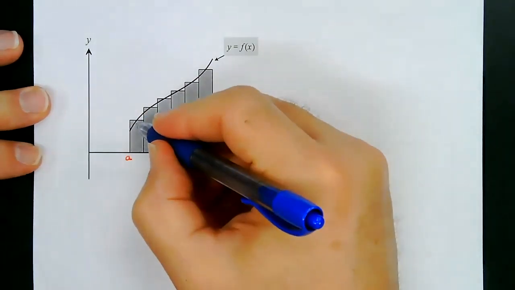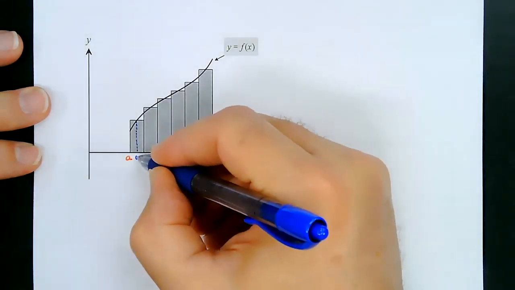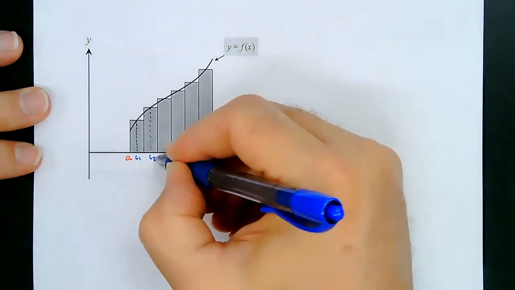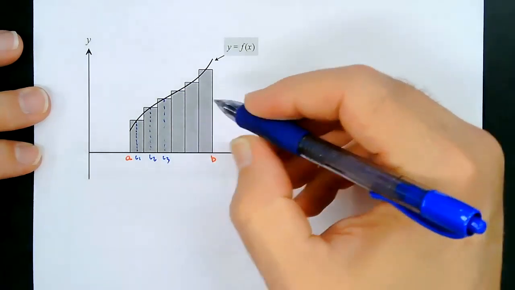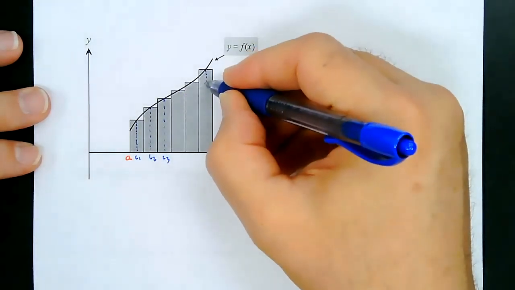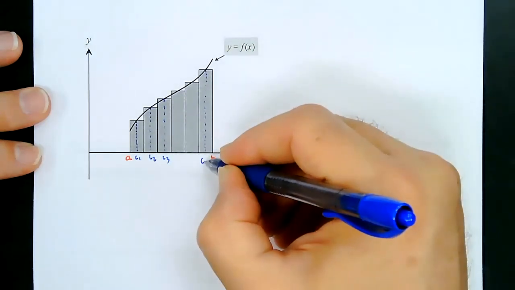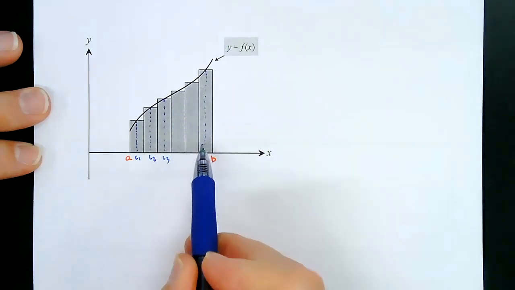Right in between here, going straight down, this would be c sub 1. This would be c sub 2. c sub 3. This last one over here, I'm not going to do all of them, would be c sub 6, because there's 1, 2, 3, 4, 5, and 6.